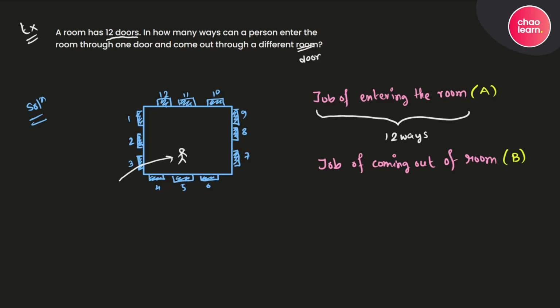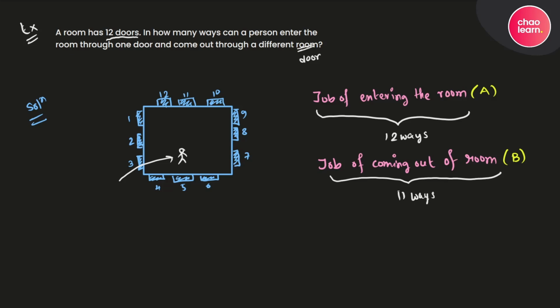So how many ways are possible for you to come out of the room after you have entered the room? After you have done job A, there are 11 ways, excluding the door that you chose to come inside the room. There are 11 other doors through which you could get out, right? So there are 11 ways of coming out of the room after you have done job A, right?